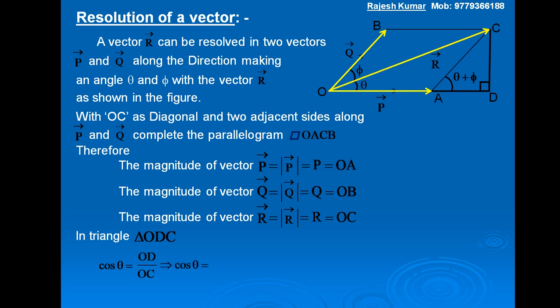This implies cos theta is equal to OA plus AD upon OC, or cos theta is equal to magnitude of vector P plus AD upon magnitude of vector R. Now cross multiply, we get P plus AD is equal to R into cos theta. Let it be equation number 1.